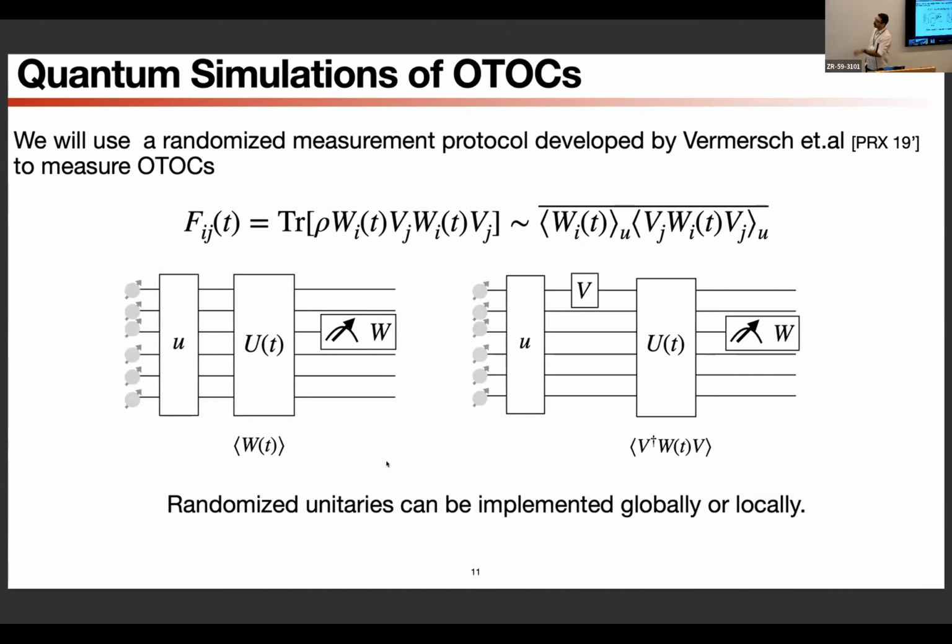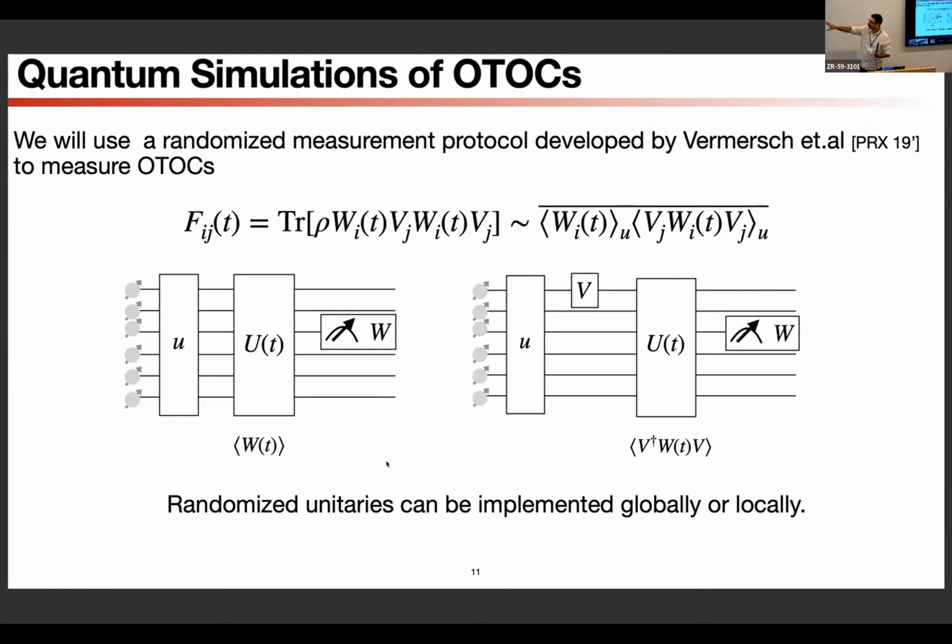So let's look into how this protocol works. It's been developed by Vermeersch and Peter Zoller's group back in Europe. The basic idea is that you replace the trace over the infinite temperature density matrix by an ensemble average over CUE unitaries. Using that ensemble average, you break down the OTOC into two parts.